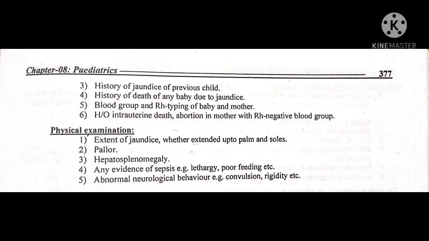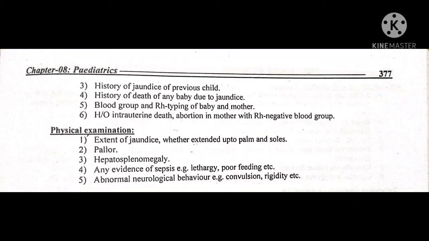Then we should investigate if there is a history of jaundice of previous child, history of death of any baby due to jaundice, the blood group and Rh typing of baby and the mother, and history of intrauterine death, abortion in mother with Rh negative blood group are also to be taken.